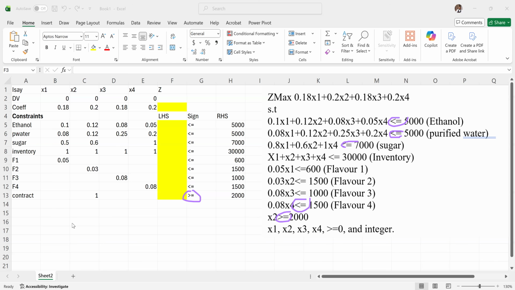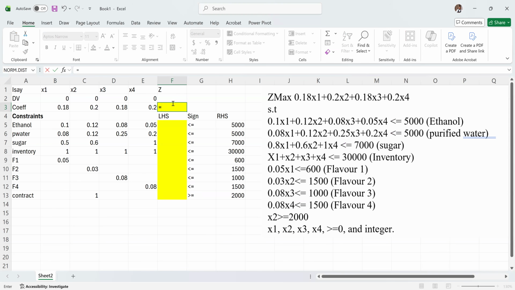So after this, you now put in the formula here. You type the equal to symbol, and then we are going to use SUMPRODUCT, because product here means times. You're going to multiply the 0 by the 0.18, the 0 by the 0.2. And the best way to do that multiplication is to use SUMPRODUCT. So you type SUMPRO and bring the function.